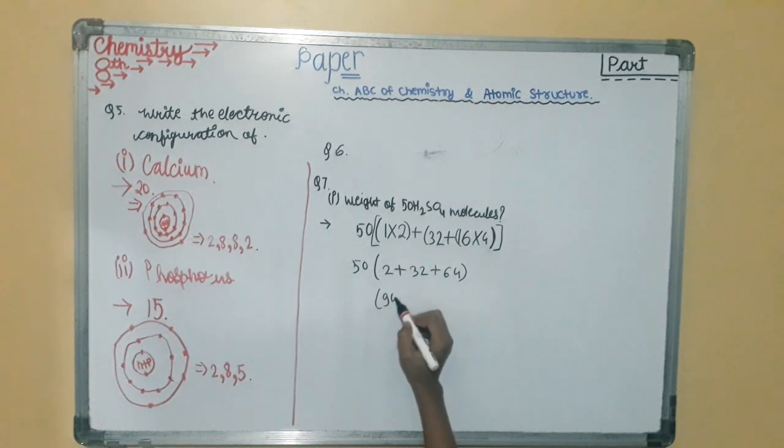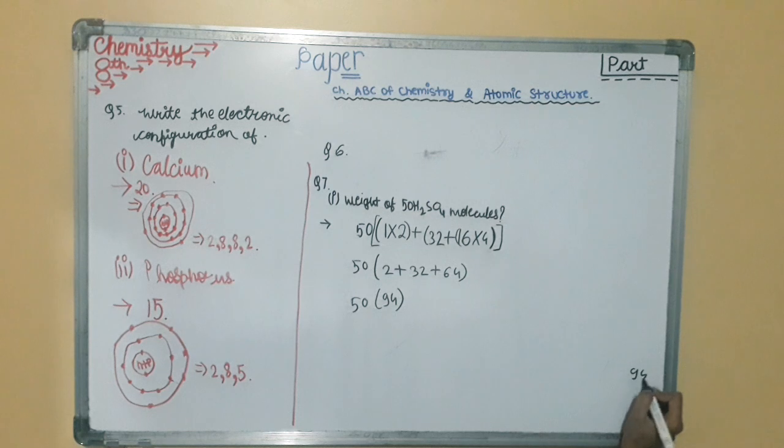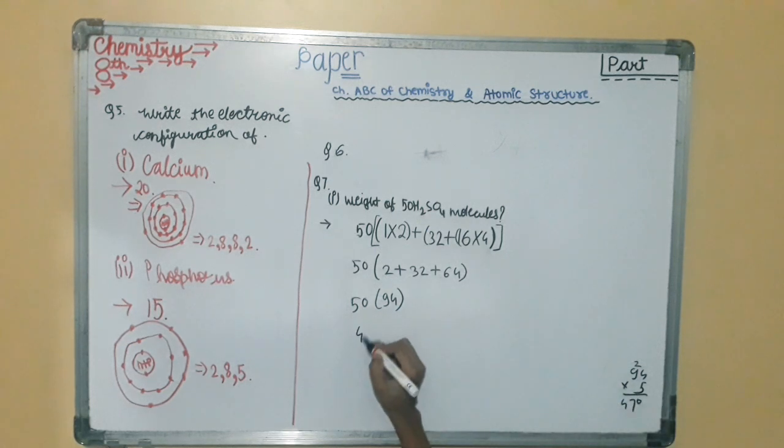This is 98. Addition is 98 into 50. 98 into 50 is 4900. Therefore, this is the answer.